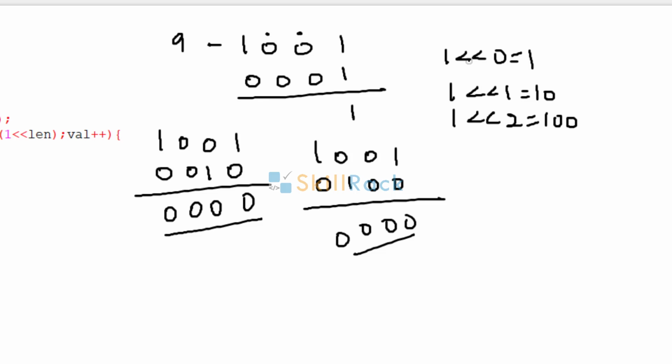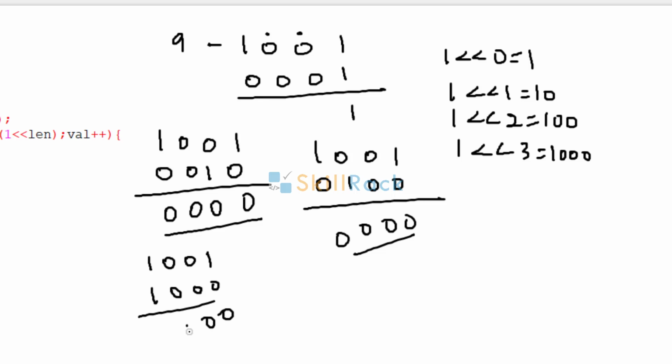Because we are going from the end, we can use left shift operator and figure it out. So now you will say 1 left shift 3, which is nothing but 1 0 0 0. So now again 1 0 0 1, and you are going to AND with 1 0 0 0. So now it is 0 0 0, but here because both the bits are 1, you will get a 1. So the value is greater than 0. So you know that the bit is set there.